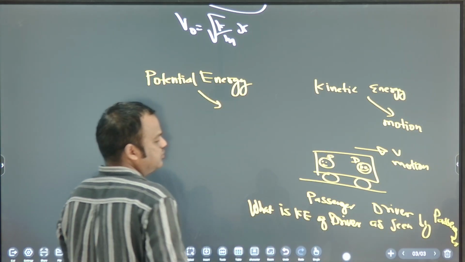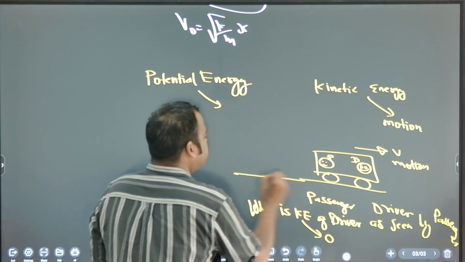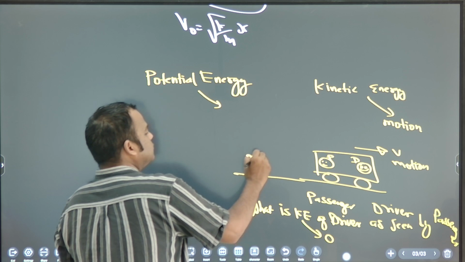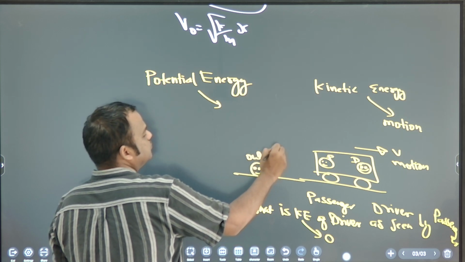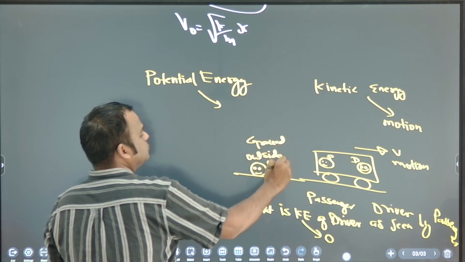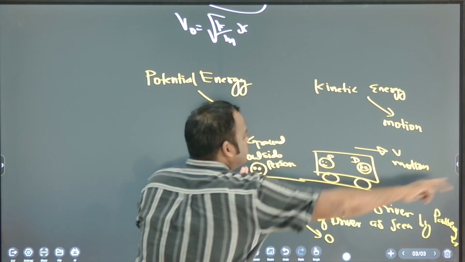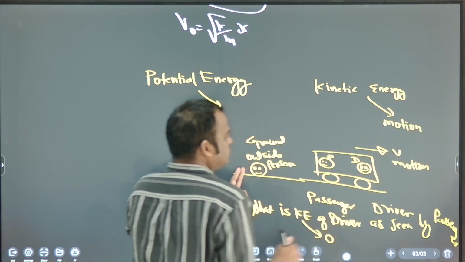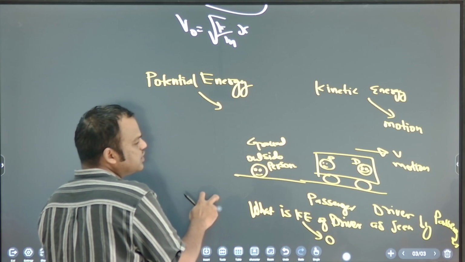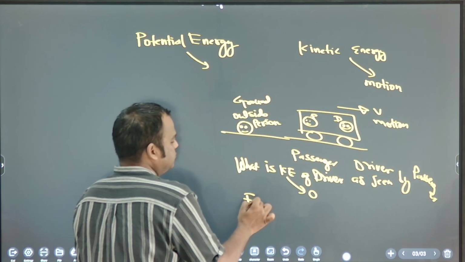Very good. It is 0. But suppose an outside person, a ground person, is there. The outside person will see the bus is going, so the driver is also going. For the outside person, what is the kinetic energy? 0 or non-zero? Non-zero.